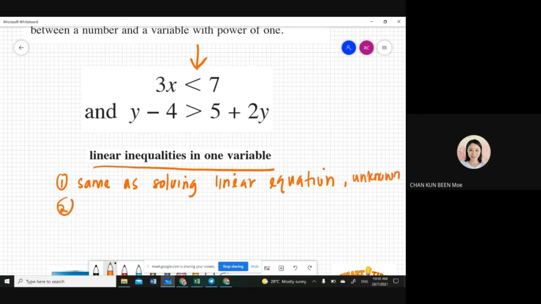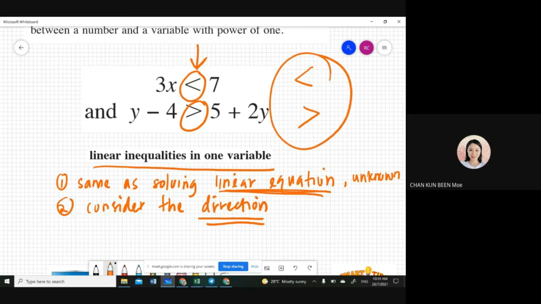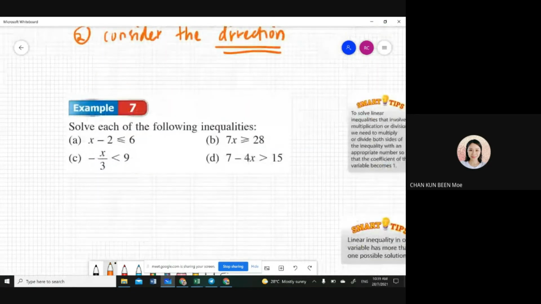Second, you only need to consider the direction, because it can point to the left, or this one can point to the right. This is the most important thing, which is different from linear equation. The only thing is the direction. We are going to look at how to change the direction later on.